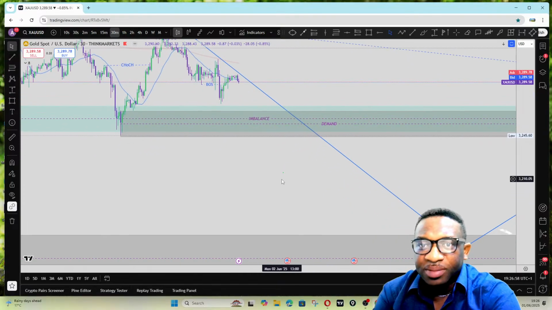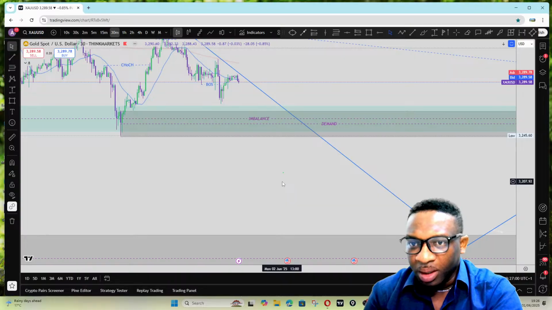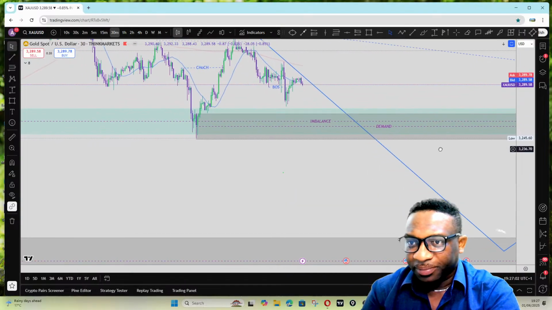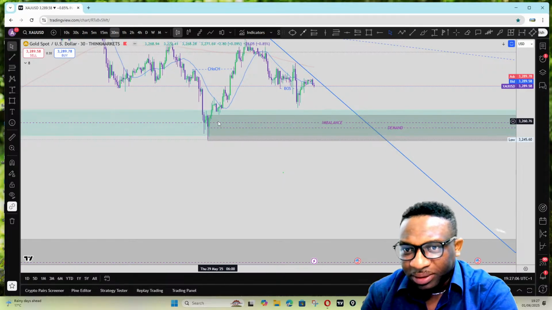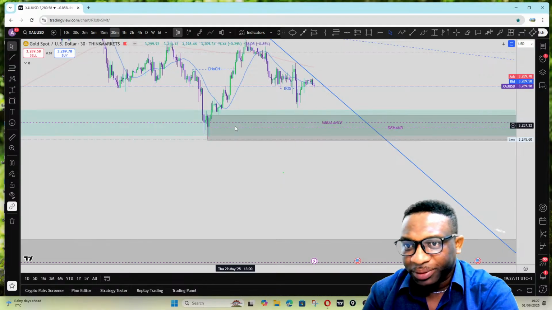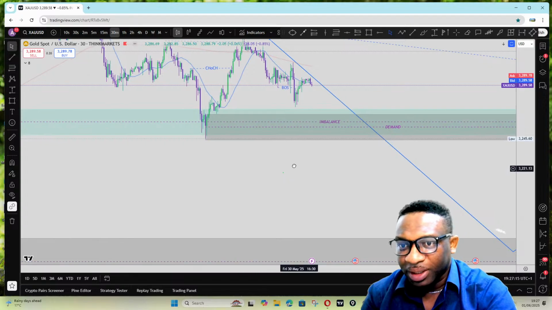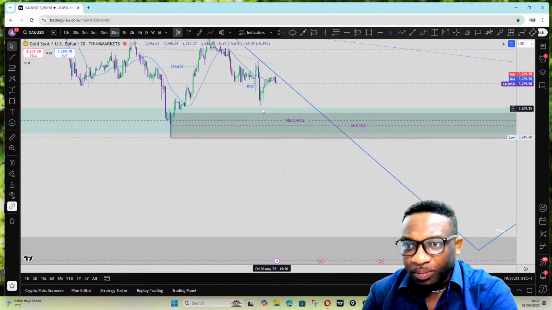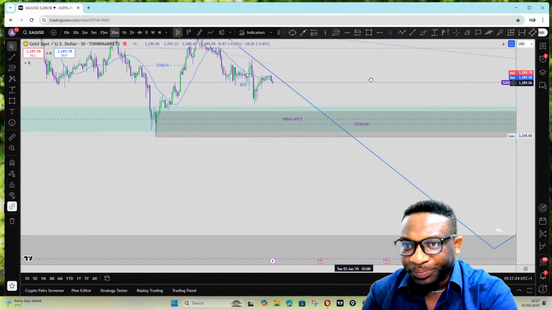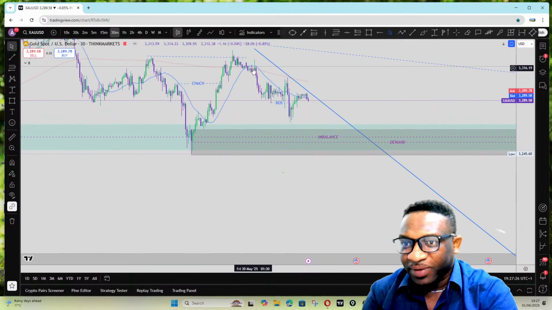So this is the 15 minute time frame, and we have this area of demand also being the same as what we marked on the 1 hour. So we don't need to make any refinements there. From this point on, we can identify price trading below the 20 moving average.